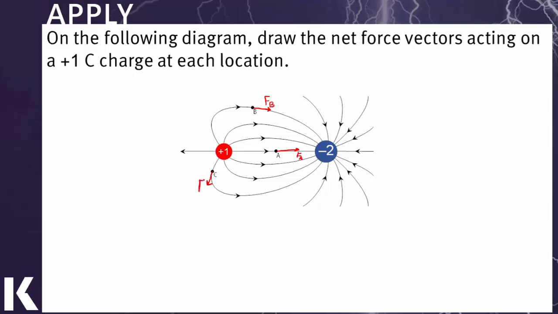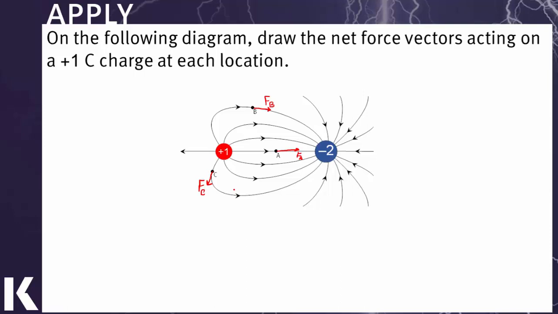And this is where if you wanted to get an exact length for arrows B and C, you'd have to do some math at this point. So the picture gives us a general relative ranking of strength, and so we can generally make the arrows the right size.